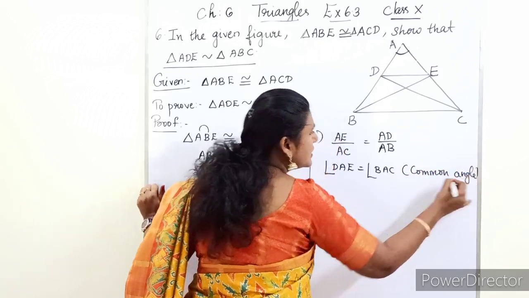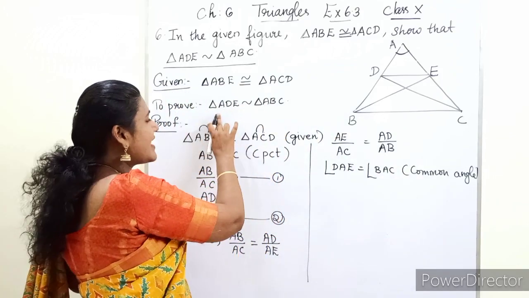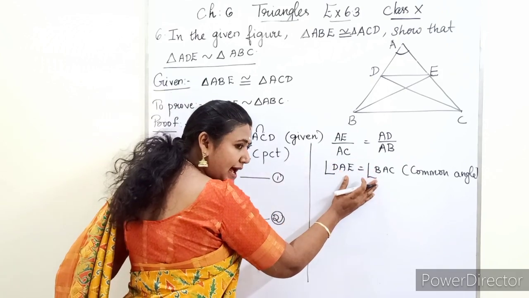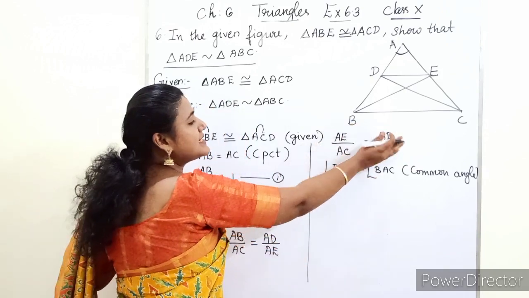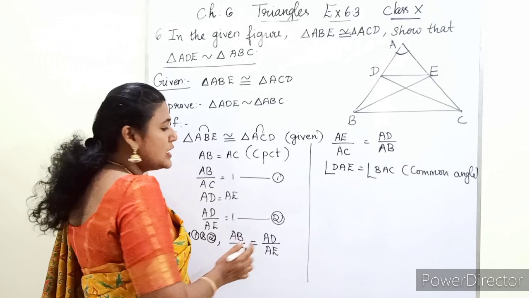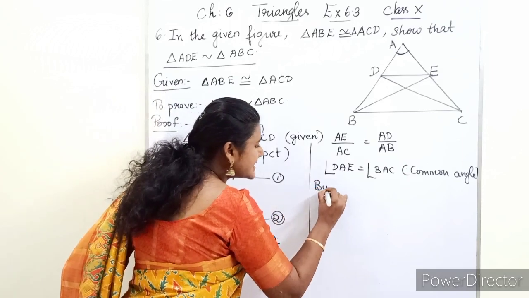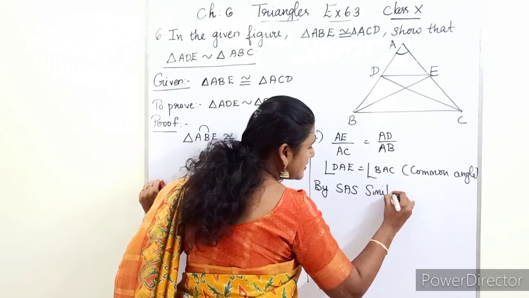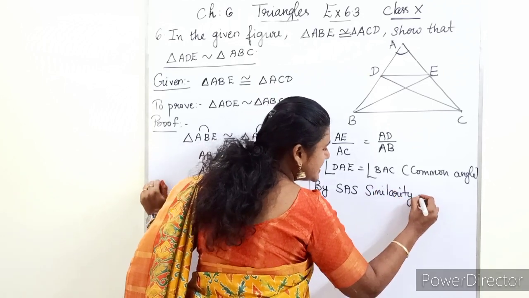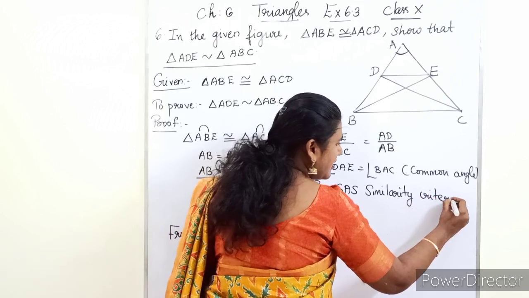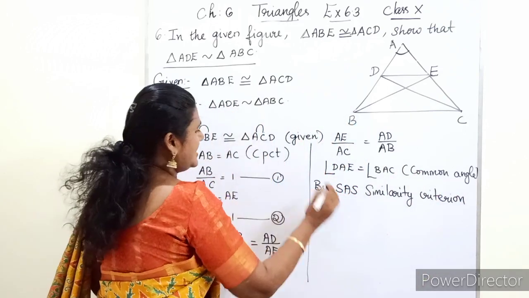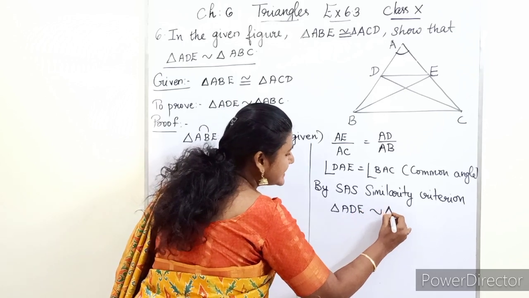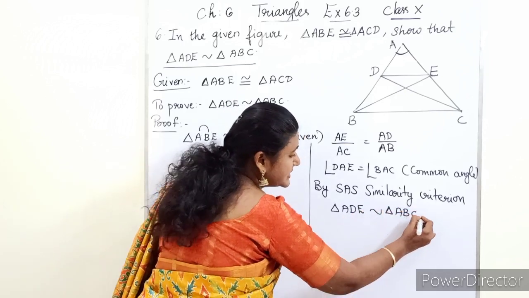So here in triangle ADE and triangle ABC, we got one angle common and the sides ratios are equal. So by SAS similarity criterion, we can say triangle ADE is similar to triangle ABC.